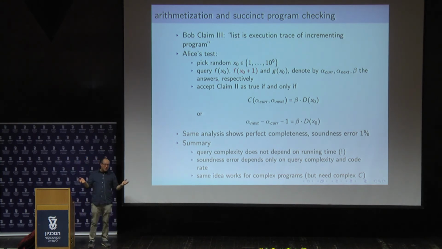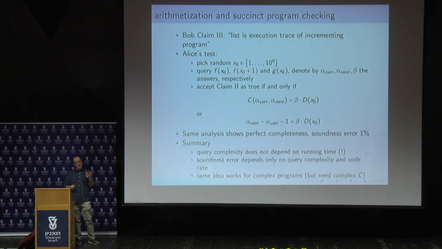Well, if you have a more complicated program, it means the state is going to be some huge number, and checking consistency of 2 consecutive states is going to be some higher degree polynomial that is more complicated, but it still is the same game. And we still have the same succinctness and the same completeness and the same soundness as here. It's all the same. And again, these things appear in all zero-knowledge and interactive proof systems that have been implemented out there. Okay?